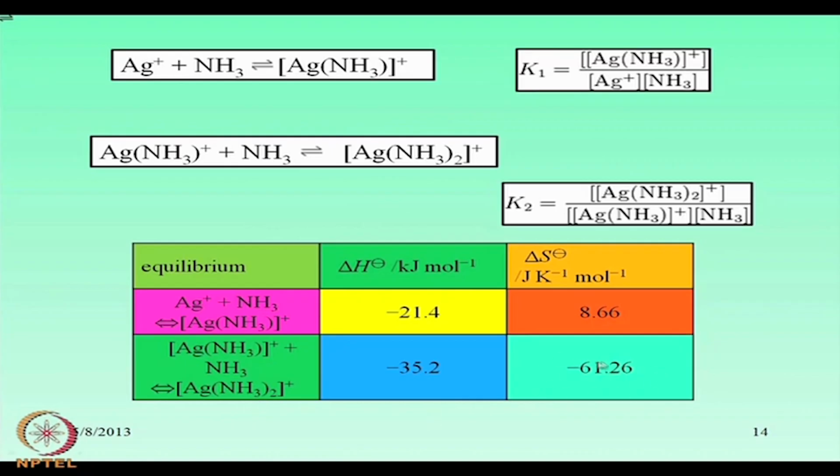And in this particular case, where we are not talking about the chelate formation, we don't have the opportunity to see how these delta S values can contribute only for the chelate formation.